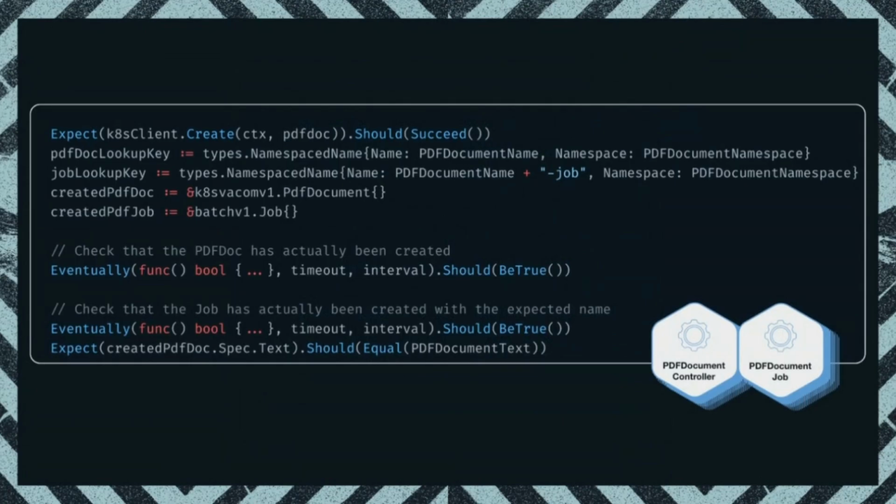So you can see that we're starting already to define and design this whole process. Moving on, we have a couple of references for the PDF doc and the created PDF job, and then we perform a couple of checks and wait for them to be created.